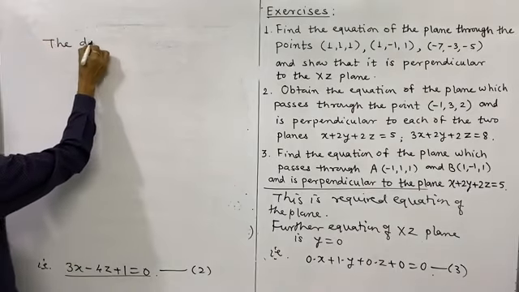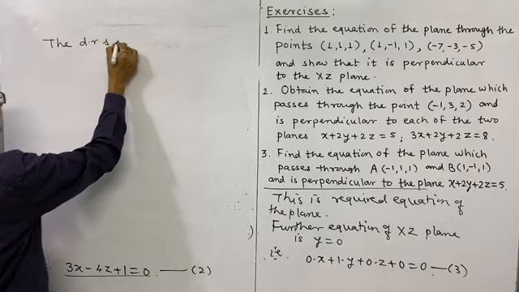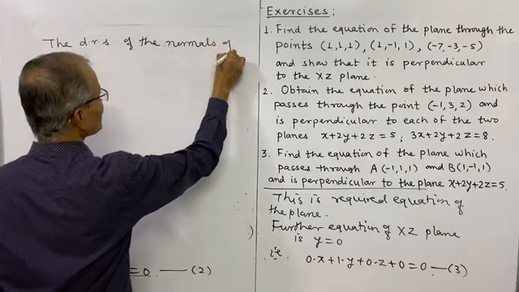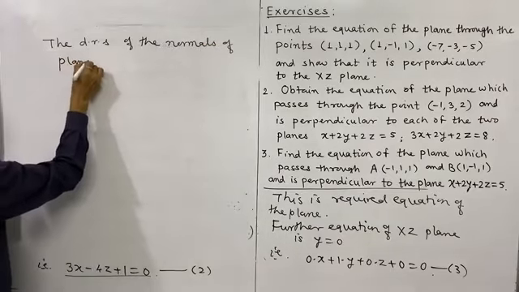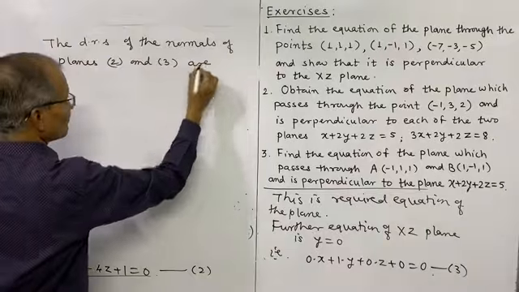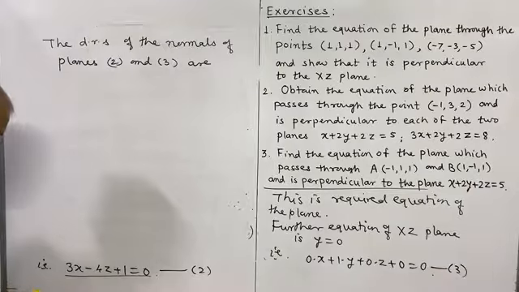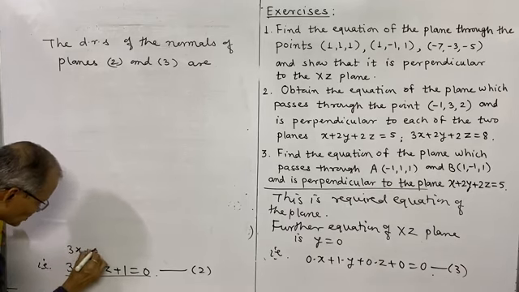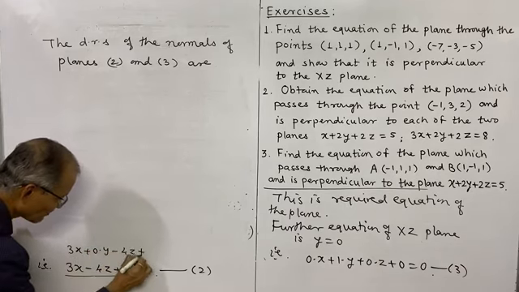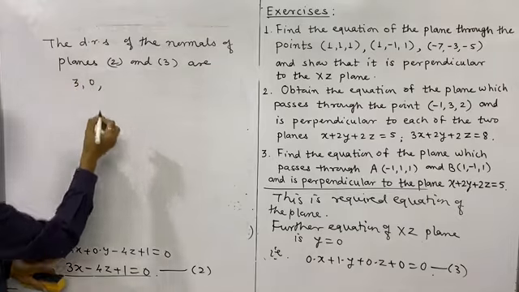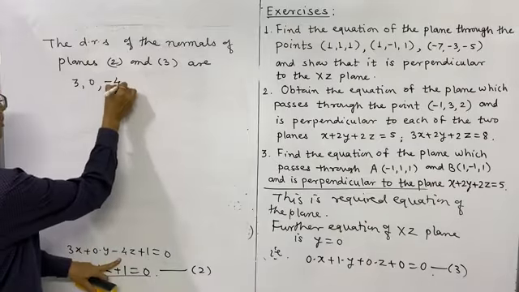The DRs, or direction ratios, of the normals of planes 2 and 3: we know the coefficients of x, y, z represent the DRs of the normal. Here y is absent, so it can be taken as 3x plus 0 into y minus 4 into z plus 1 is equal to 0. So the DRs of the normal are 3, 0 and minus 4.